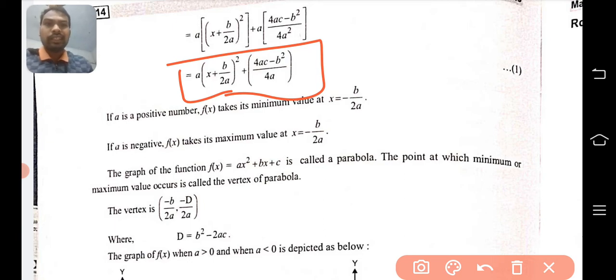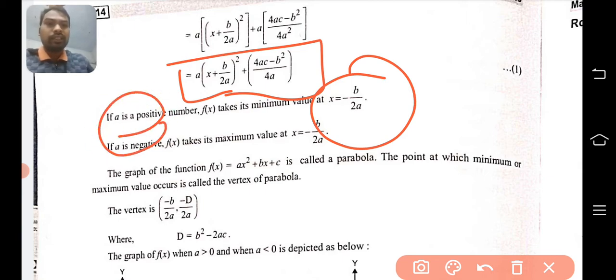So here, if a is a positive number, then f(x) takes its minimum value at x equal to −b/2a. If the value of a is a positive number, then the function f(x) has a minimum value.